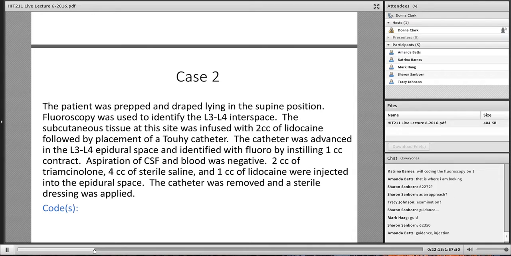All right, so somebody has 62350. Now, tell me how you're looking that up. What are you going to? How are you looking at it? All right, you went to epidural, then what? Okay, and so somebody, you went to guidance and injection.